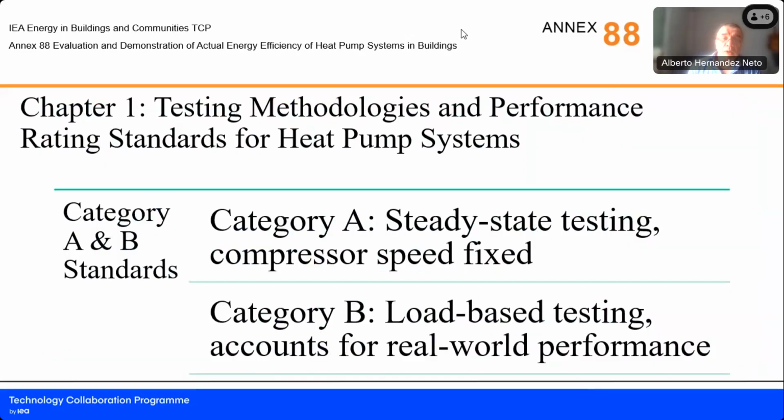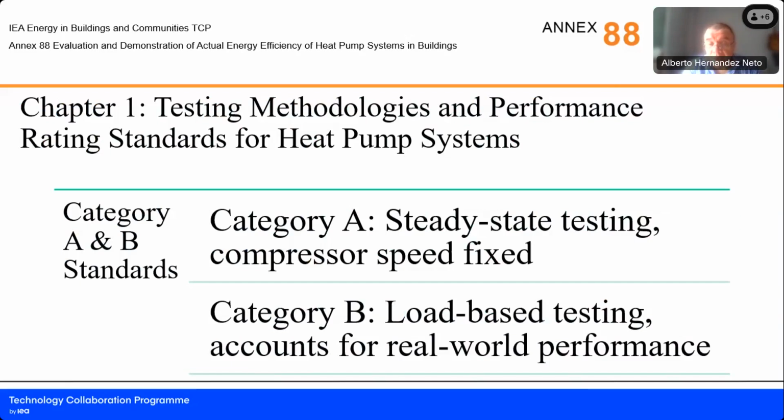In chapter 1, you will see the testing methodologies and performance rating standards for heat pump systems. We divided them into 2 categories, A and B. Category A is steady-state testing, with compressor speed fixed. The idea here is to see what testing methodologies we have for that type of operation.